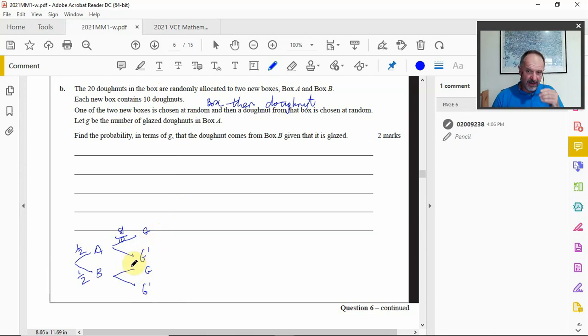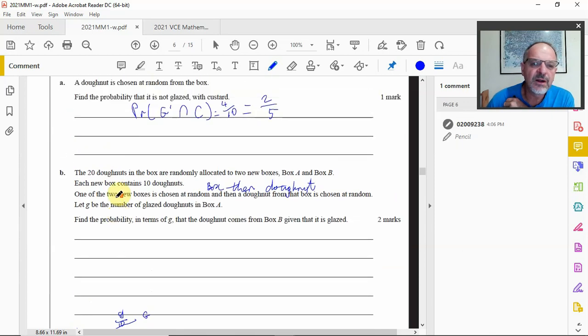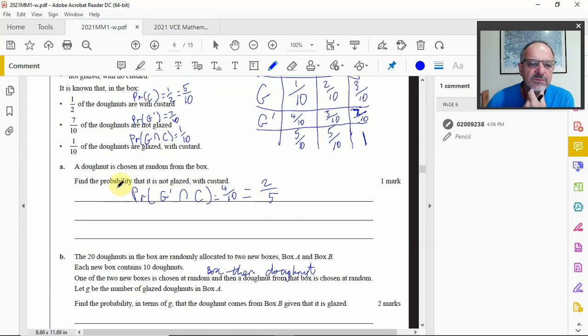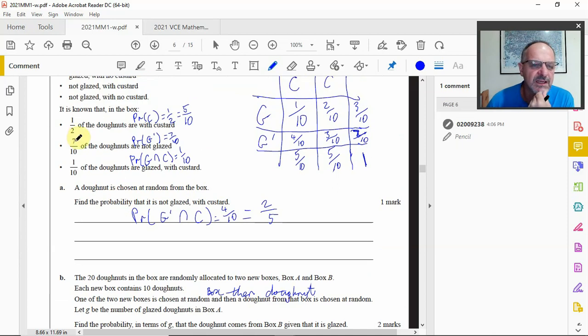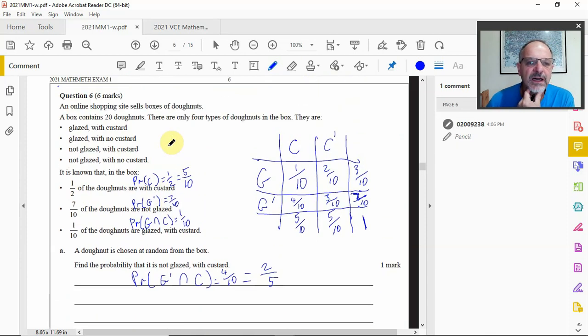Now, how many glazed donuts are there? This is where we need to go back up here. And it says 7/10 of the donuts are not glazed. Now, we had a box of 20 donuts, so 7/10 of 20.